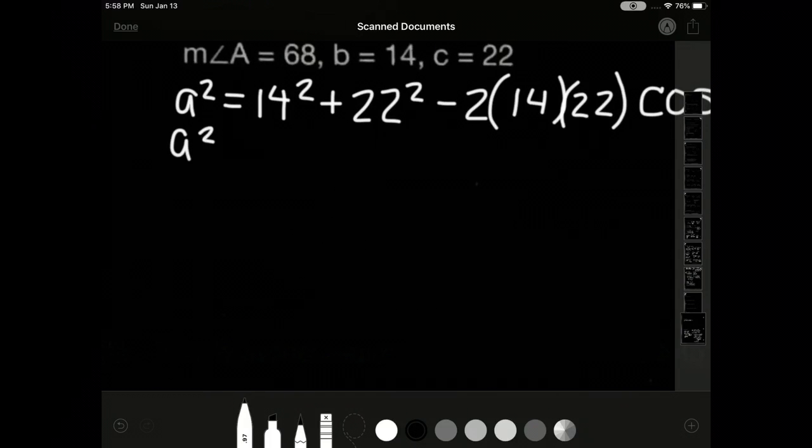So A squared equals 14 squared, which is 196, plus 22 squared, which is 484.